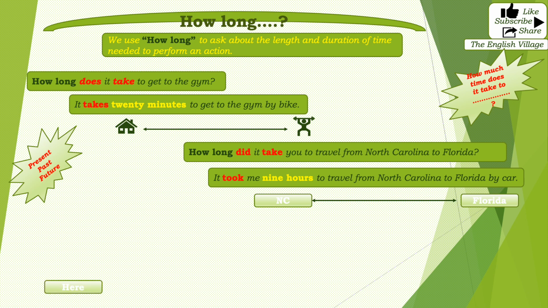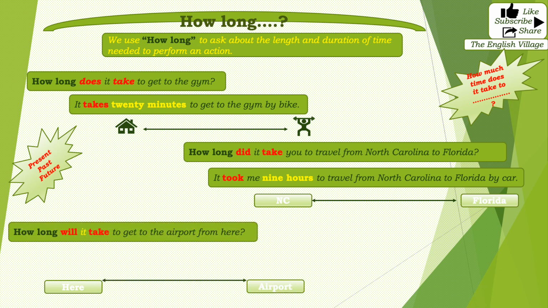Let's have another example. From here to the airport. How long will it take to get to the airport from here? So we are asking about the length and duration of the time between these 2 points, not the distance. Remember that in your mind, okay?